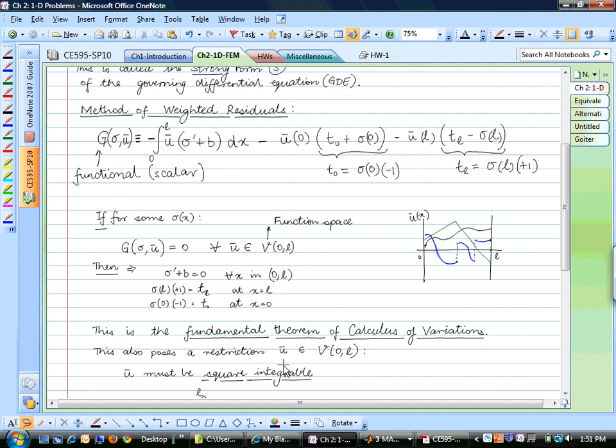To understand why this function needs to be square integrable, does anybody remember the proof of this theorem of calculus of variations? Why can we say that if this quantity is true for all u bar, then sigma prime plus b should be equal to 0?